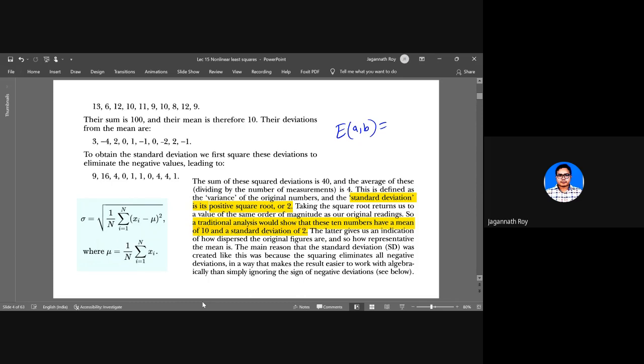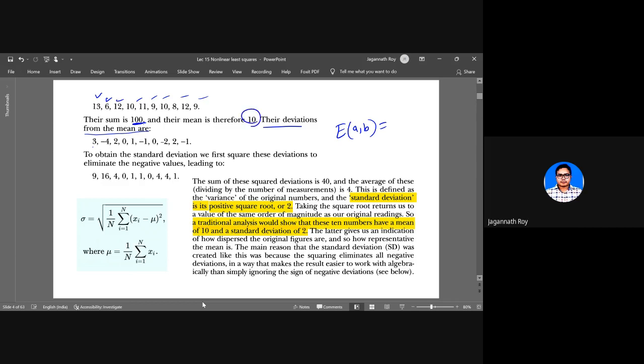If we have these 10 numbers, and if we take the deviation from the mean, then the total sum will be 100.